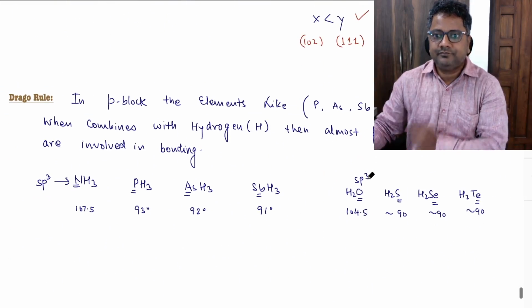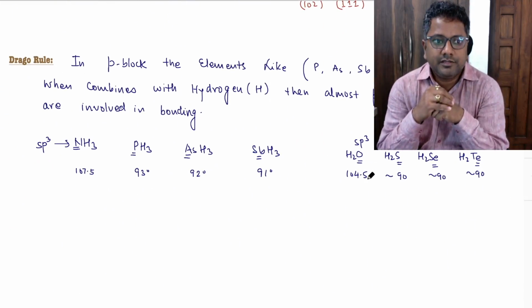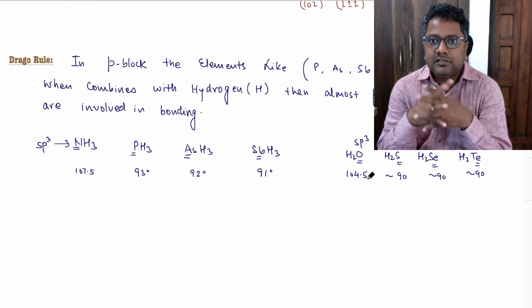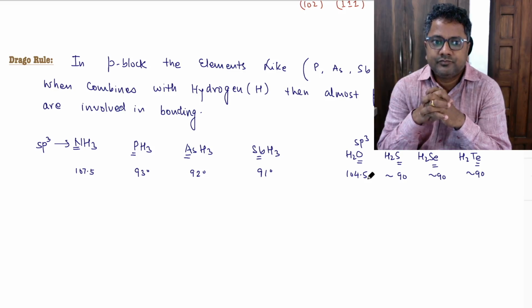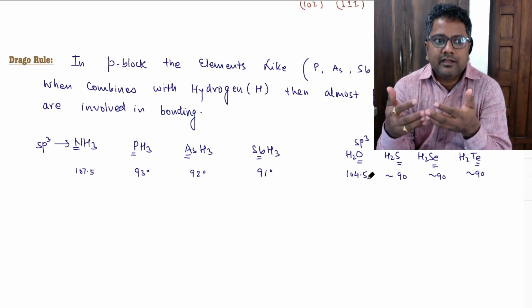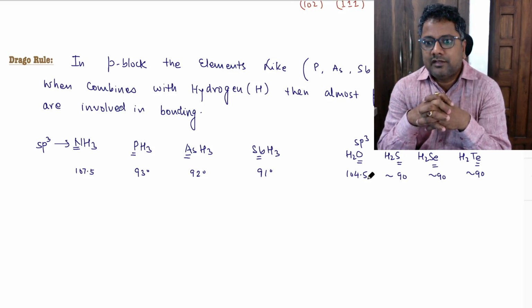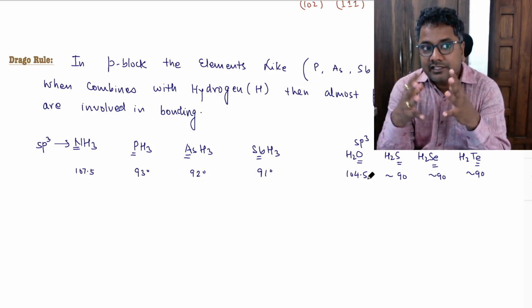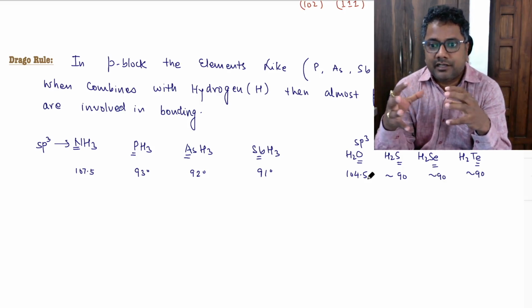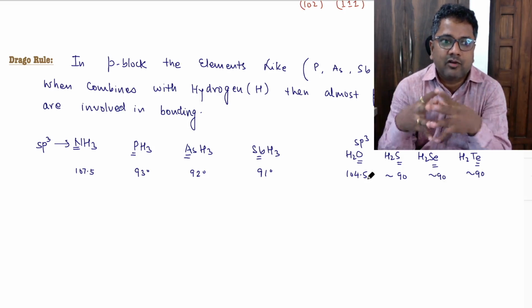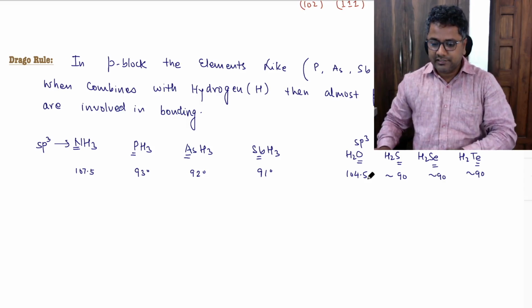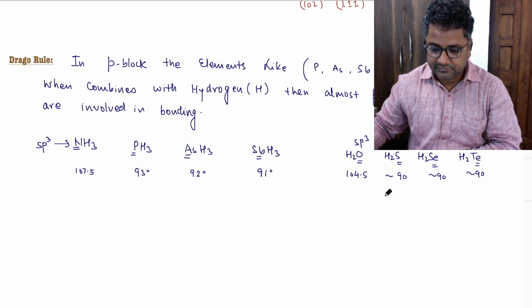Now I will discuss some more points to explain this observation. After overlapping, how the p character and bond angle are changing, I will discuss that also, right?